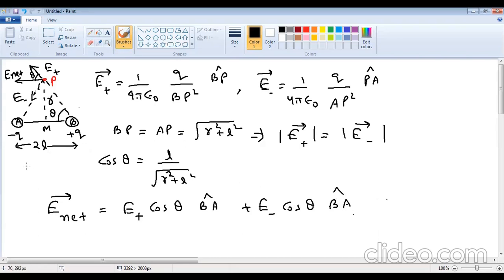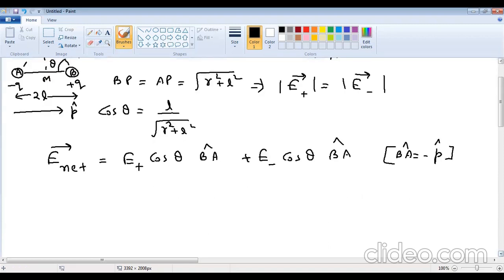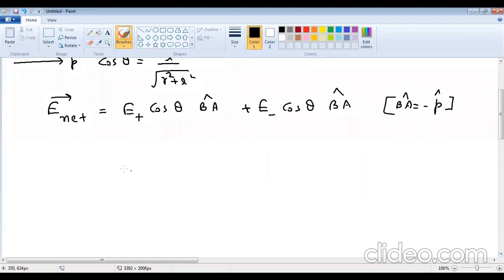We know that AB is nothing but the direction of the electric dipole moment. So this direction BA cap will be the minus of the direction AB cap. So we are just going to use it now. E net.